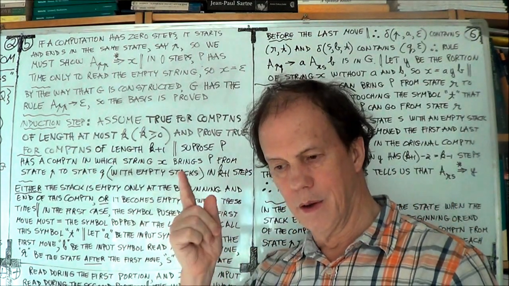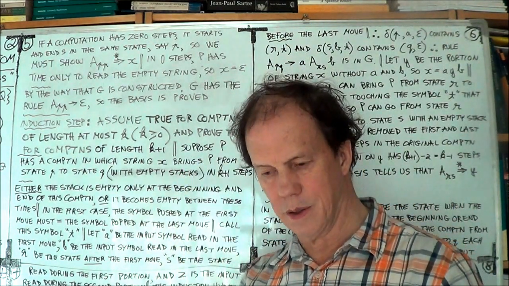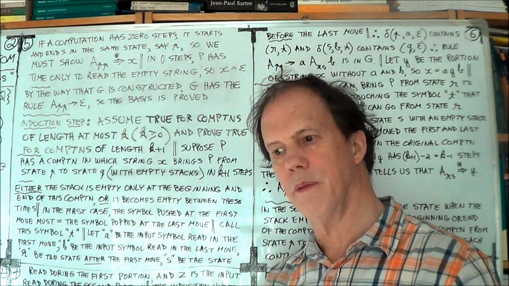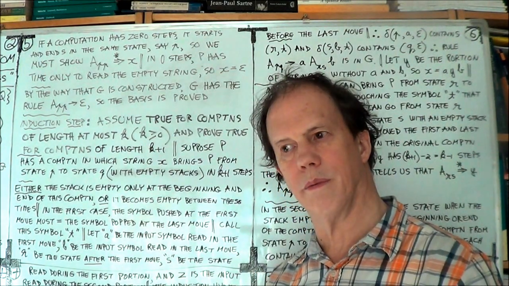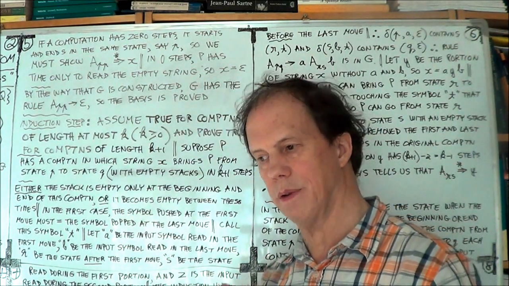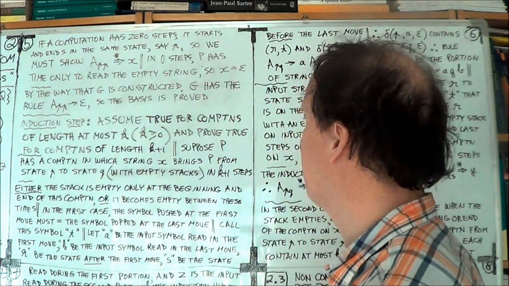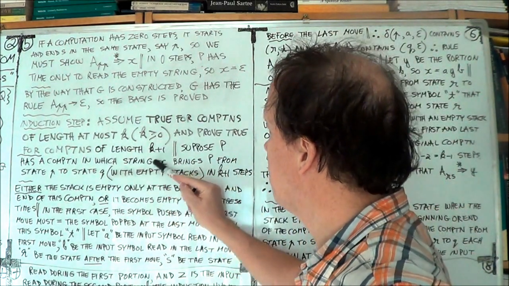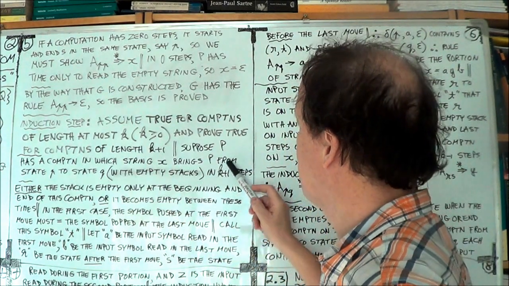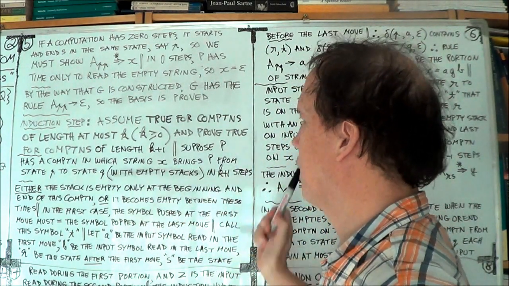Each step, remember, the machine looks at the next input symbol and changes its state. That's 1 step. We're assuming it's changing from this to this, both with empty stacks, and it takes k plus 1 steps to do that.